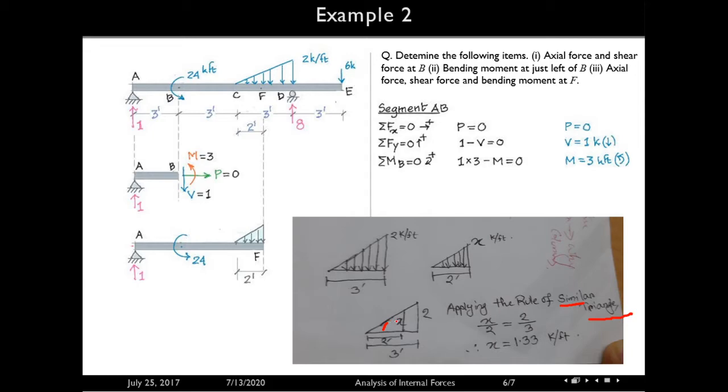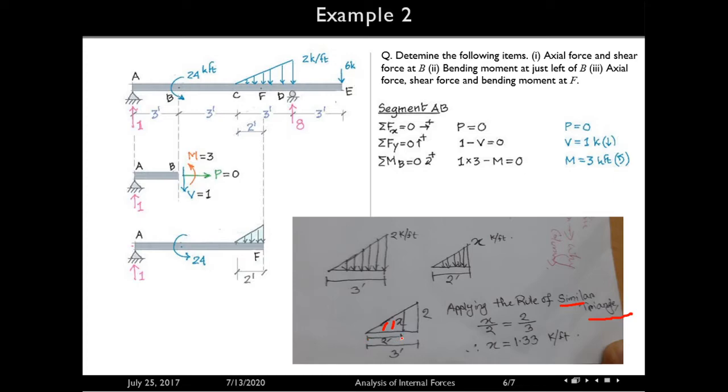We have considered the height of the small triangle as X. The base of the larger triangle was 3 feet, but the base of the smaller inside triangle has reduced to 2 feet.